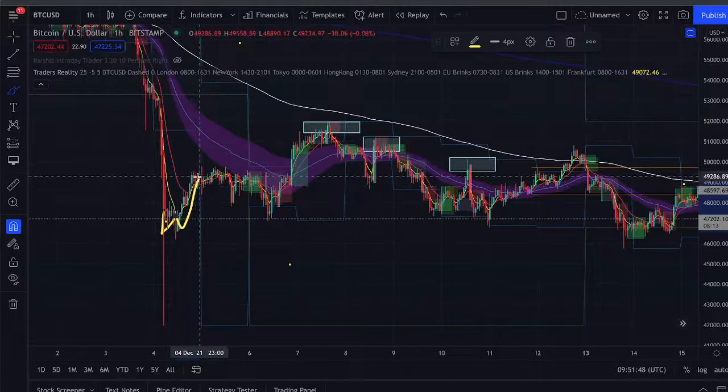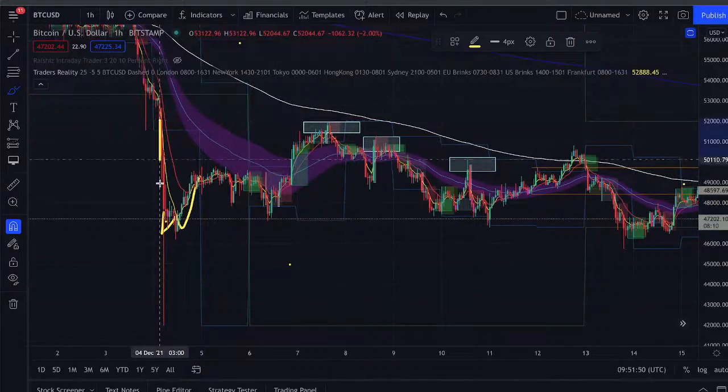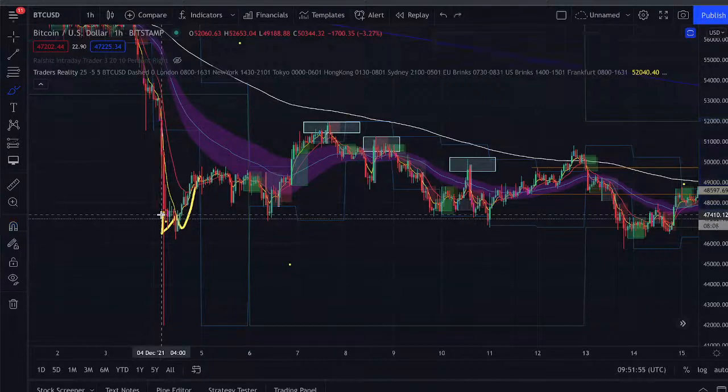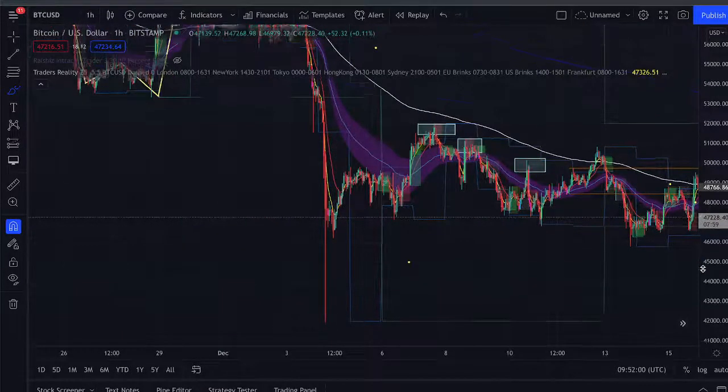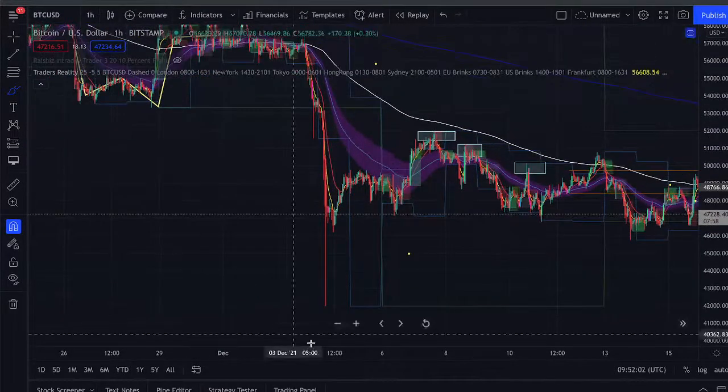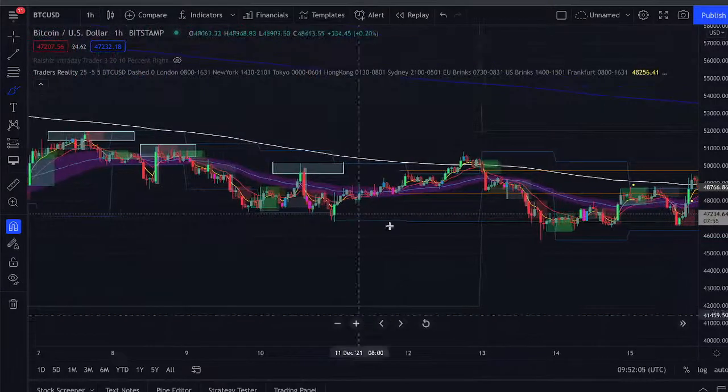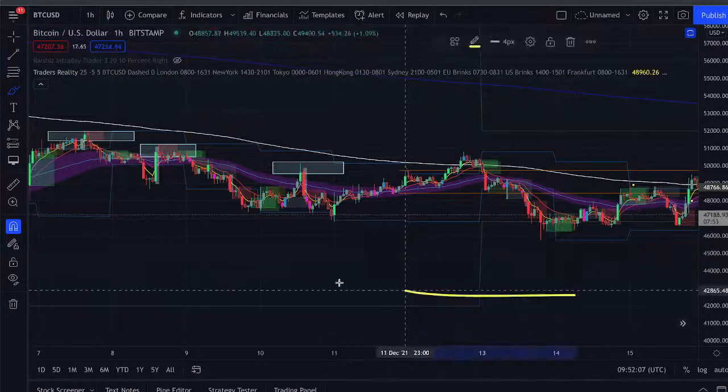There we go. See? Boom. How do we know that's a W? See this? You can see the candles, see how they act? They've got those little wicks at the bottom. That's how you know.